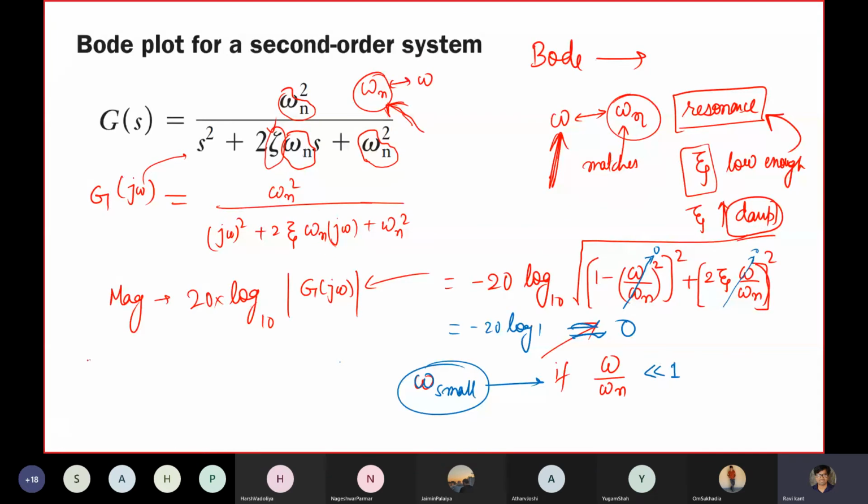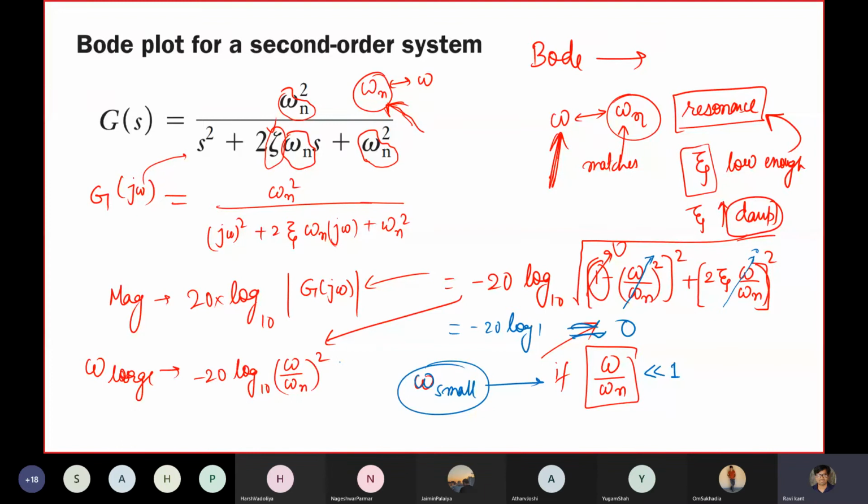When ω is large, again you can see that this 1 will be neglected in place of ω/ωn this time, and it will be approximated as minus 20 log base 10 of (ω/ωn) whole square, if you do it properly.